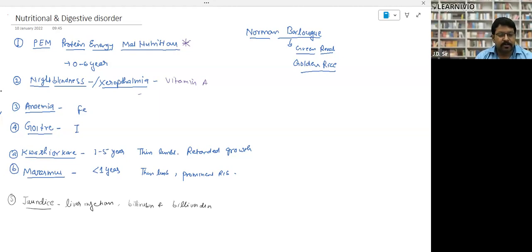Marasmus takes place in a child less than 1 year, and the ribs become visible due to malnutrition. So these are some malnutritional diseases, right?